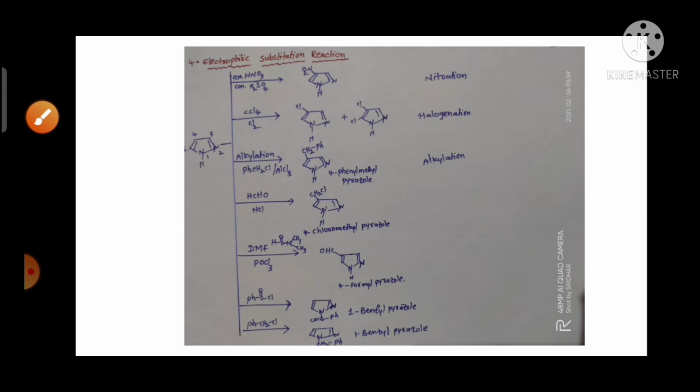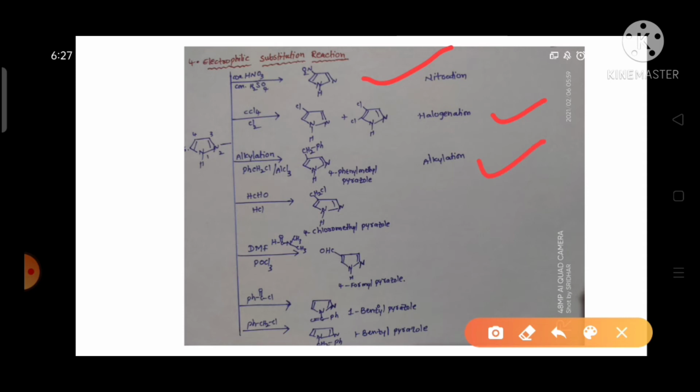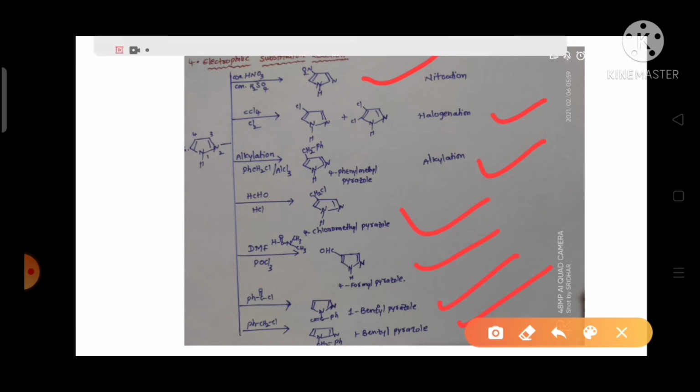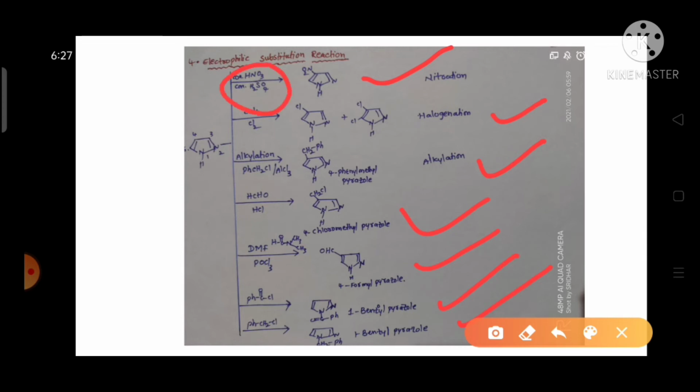Now here we can observe examples of electrophilic substitution reactions. First one is nitration, halogenation, alkylation, and chloromethylation. And this is formylation, and benzoylation, and this is benzylation. We know very well that for nitration we use a mixture of nitric acid and sulfuric acid.